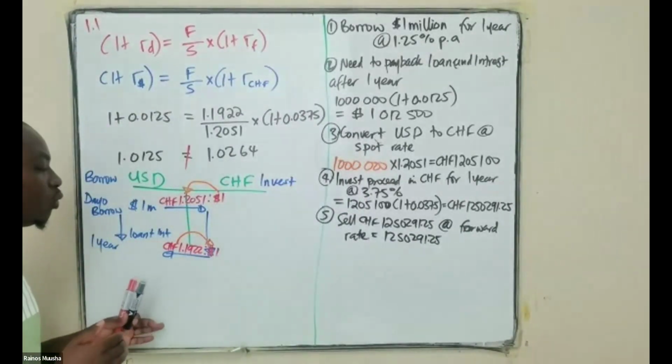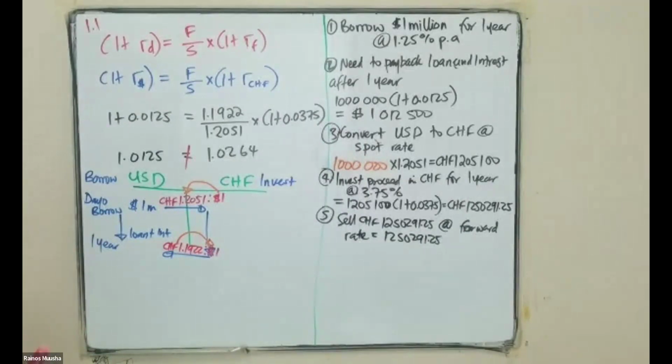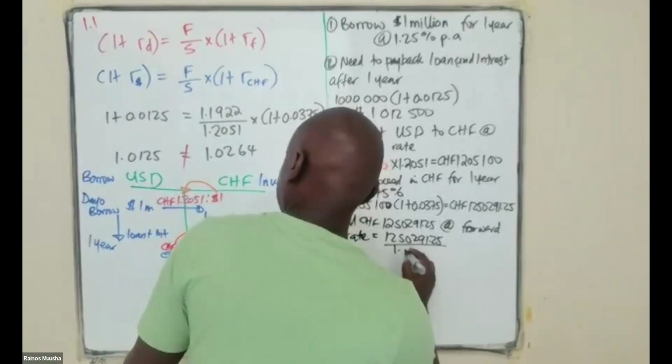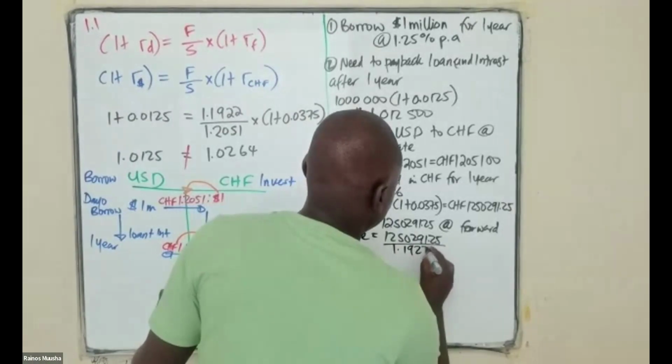So do we multiply or do we divide by the exchange rate? We do the reverse, we divide. So we're going to divide by 1.1922.